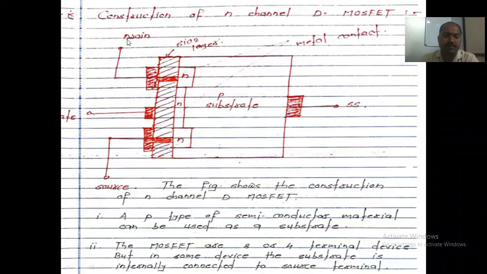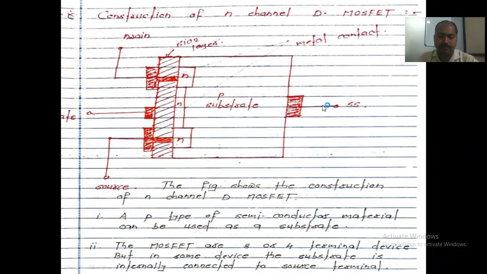The lower part of this configuration, connected through an ohmic contact to the internal N, is called the source. So gate, drain, source, and substrate are the four terminals of your D MOSFET.